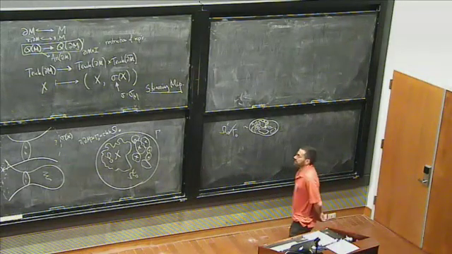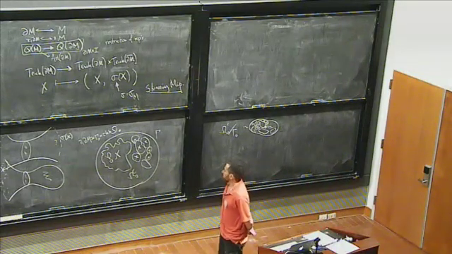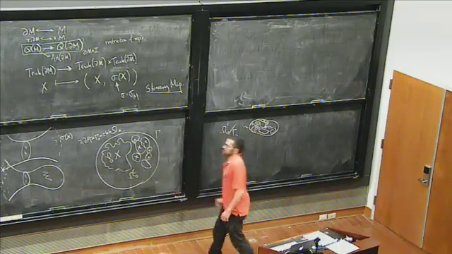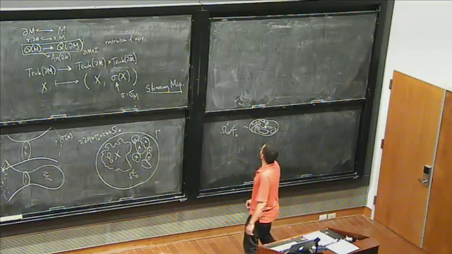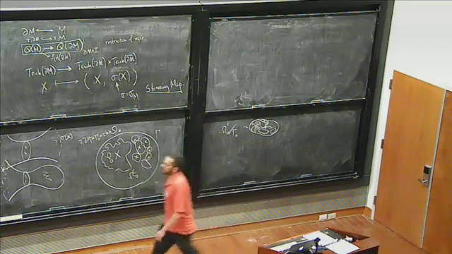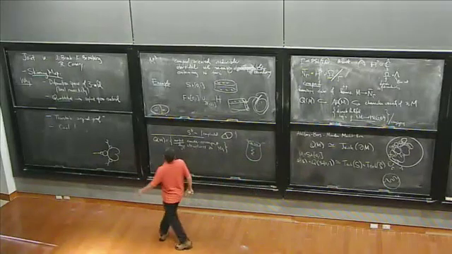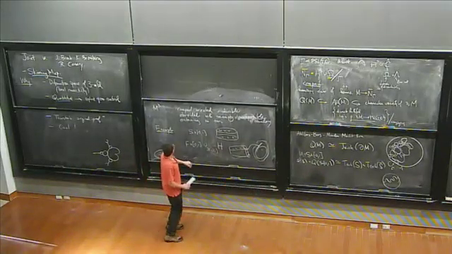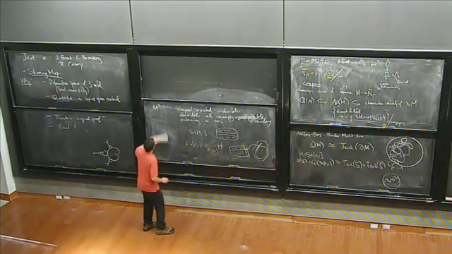Right. So what are we going to do with this map? I'm going to maybe commit a sin and not tell you about the gluing problem that Thurston solved with this map. I just want to tell you a little bit about the map.